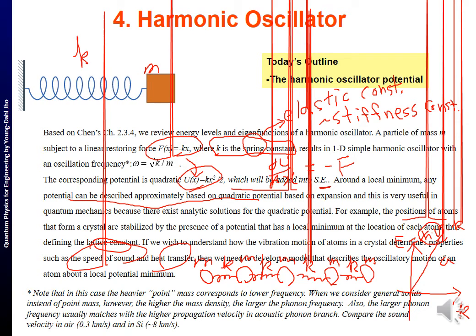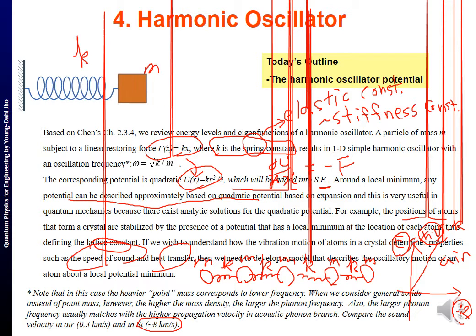For the air, depending on the dispersion relation, we check out the slope, then we can obtain the velocity in air. In crystal, we can also calculate energy and wave number of phonon relations. And for example, in silicon, the slope is much larger, and the velocity v will be quite large, like 8 km per sec.